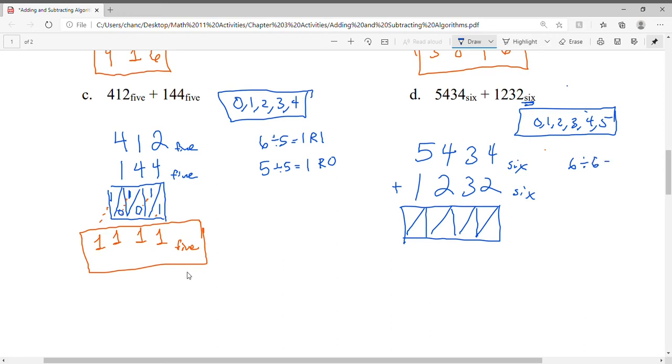So we'll divide that by 6. That's 1, remainder 0. So we'll put a 1 here and a 0 for the ones. 3 plus 3 again is 6, but I know that's 1, 0. 4 plus 2, that is 6, so that's 1, 0 again. 5 plus 1 is 6, that's another 1, 0.